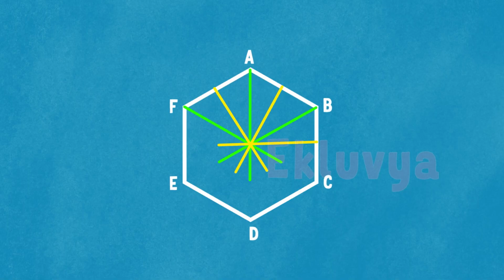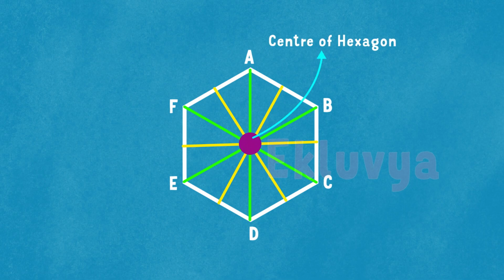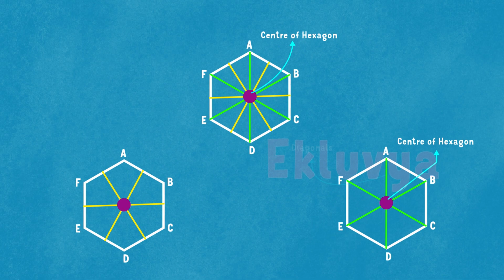Also, what is fascinating is, as we draw the 6 lines of symmetry in our hexagon, notice something remarkable. These lines don't just split the hexagon into mirrored halves. They also intersect at the hexagon's center, which also means that in a regular hexagon, all the diagonals joining opposite vertices intersect at one point.